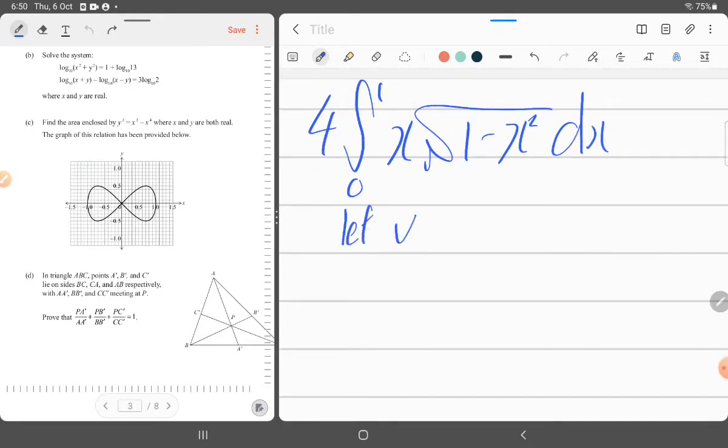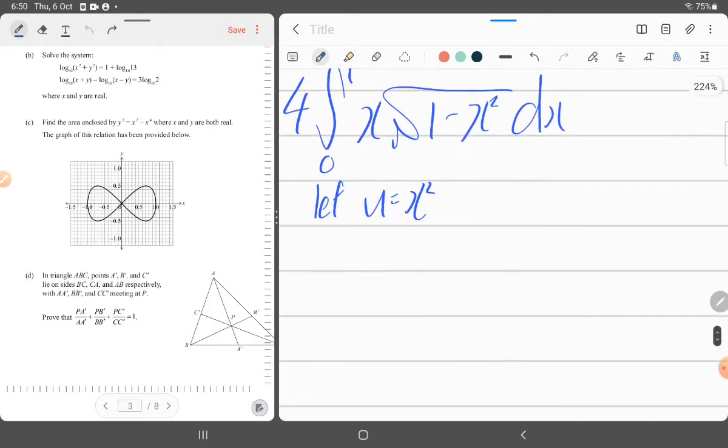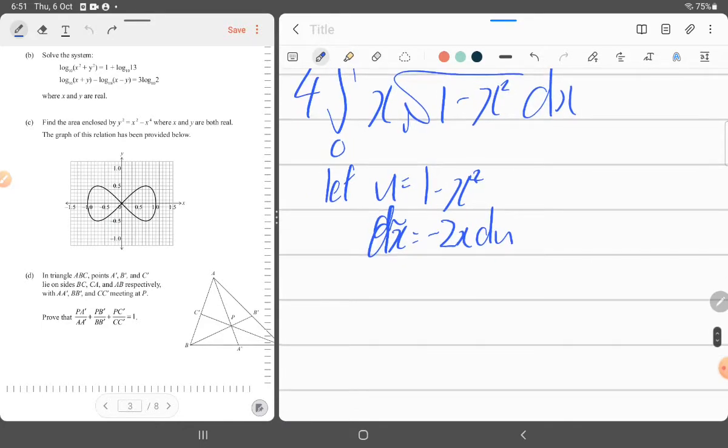Let u equal 1 minus x squared. Then du/dx is equal to minus 2x, so dx is du over minus 2x.